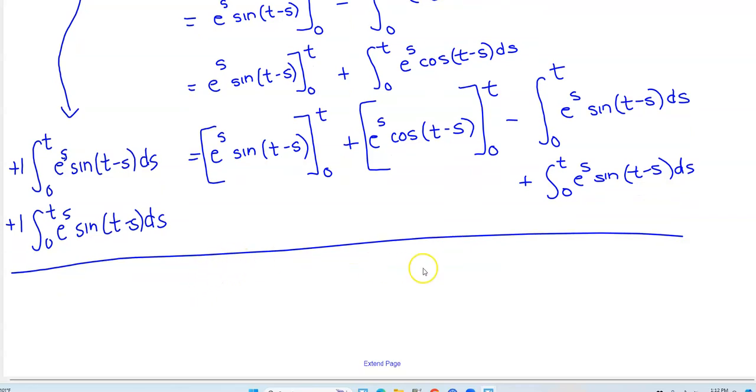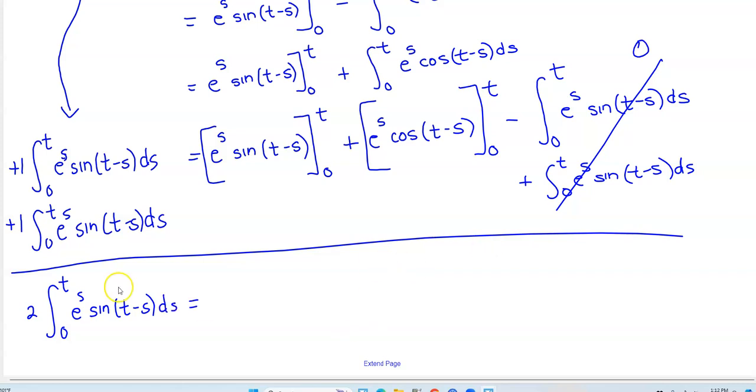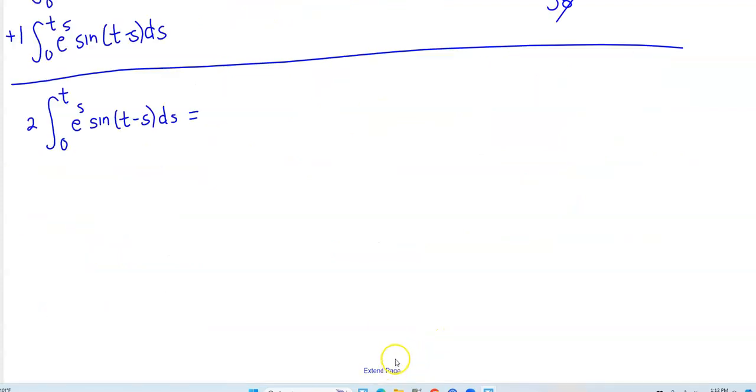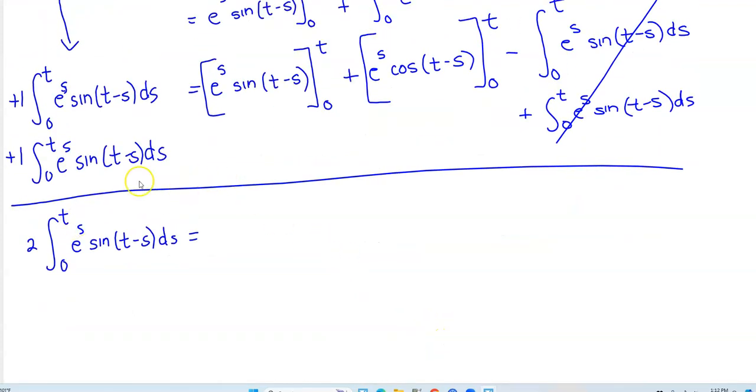And so if we do that, this gives us 0. Over here we get 2 times the integral from 0 to t of e to the power of s times the sine of t minus s ds. Okay, and then let's not forget about this 2 over here. But what we're going to do first is evaluate these two.